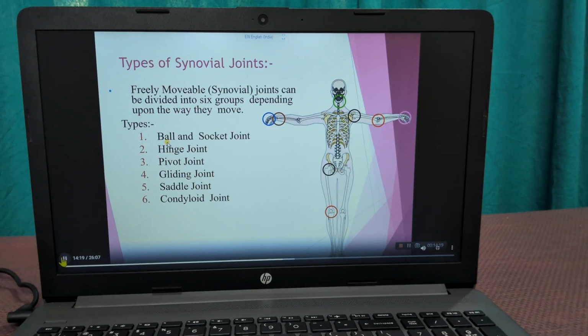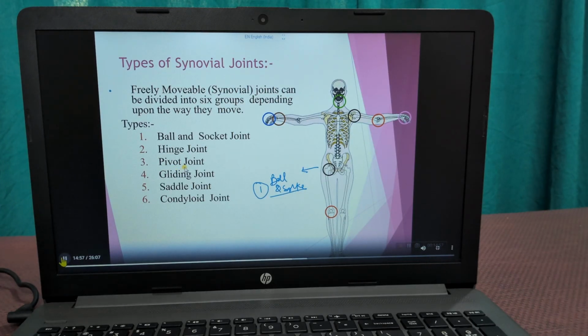So let's see where the ball and socket joint is in the body. This is the ball and socket joint, number 1.